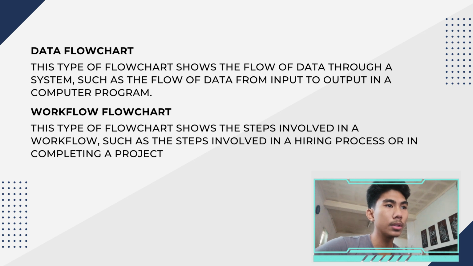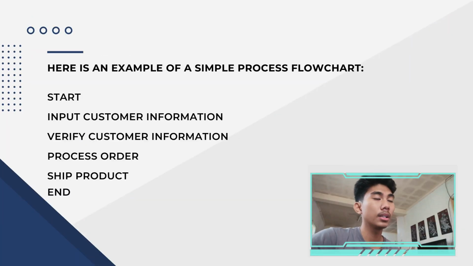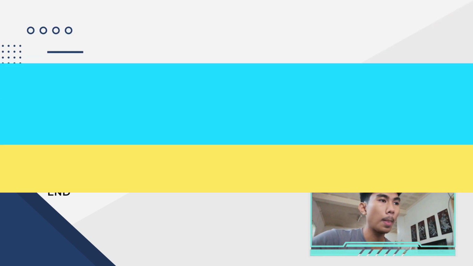Overall, a workflow chart can help visualize and optimize a workflow, making it more efficient and effective. Here is an example process flowchart. Start, input customer information, verify the customer information, process the order, then ship the product.